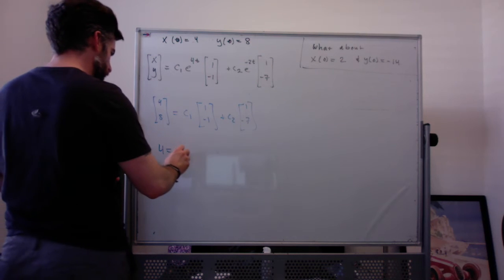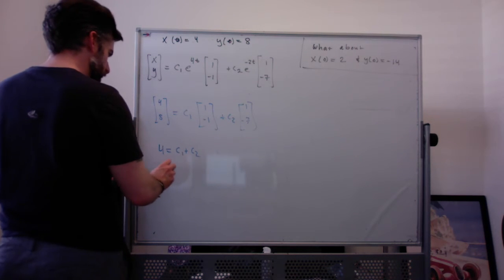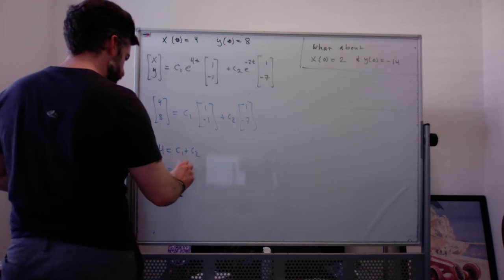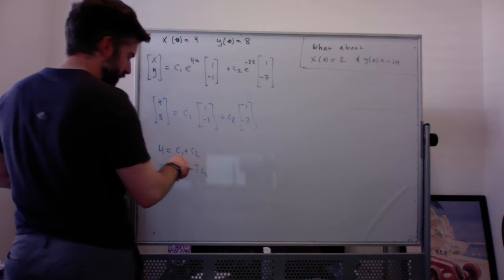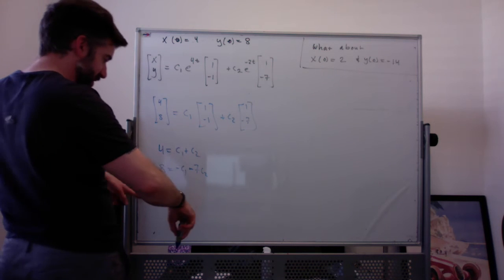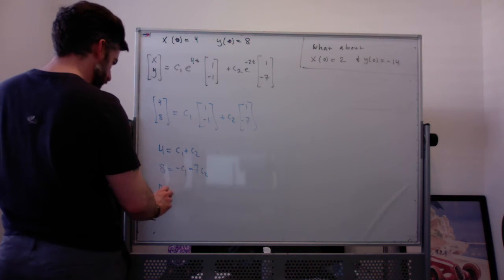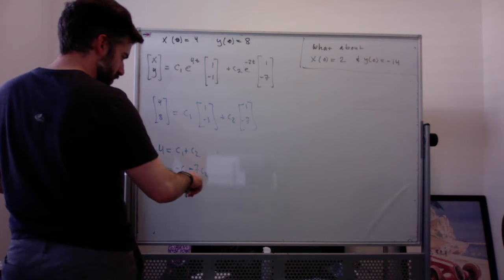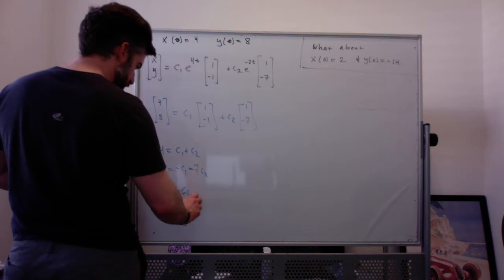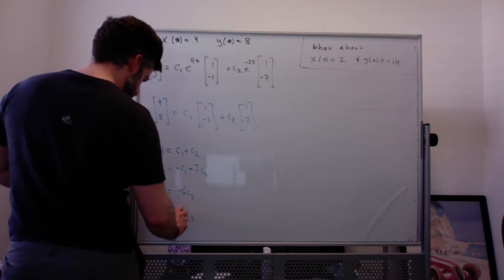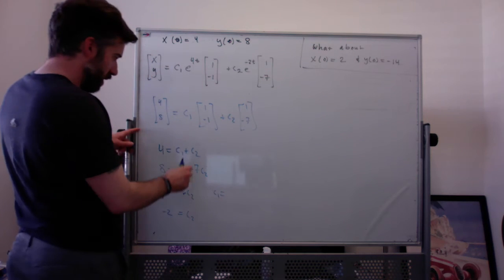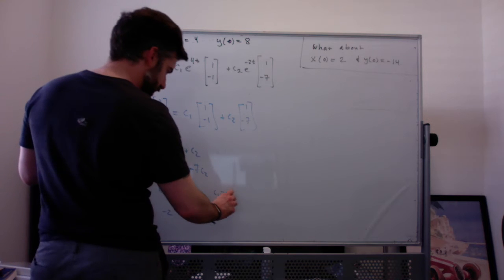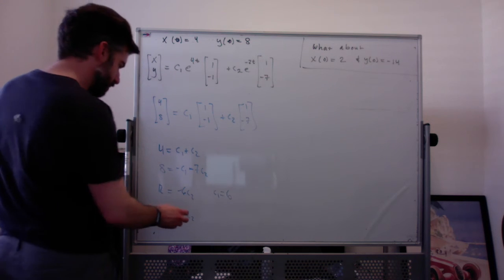So 4 equals c1 plus c2. And 8 equals c1 times negative 1 plus c2 times negative 7. And then you can solve for c1, or you can just add these together. Adding them together, you get 12 equal to c2 minus 7 c2 is negative 6 c2. So c2 equals negative 2, and c1 has to be 6, if c2 is negative 2.